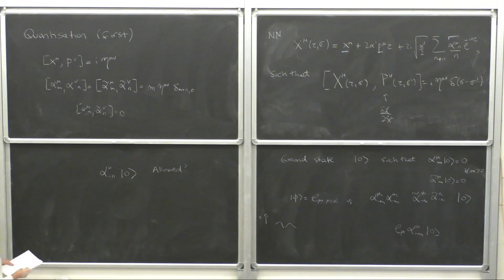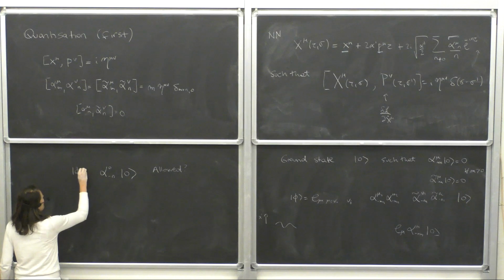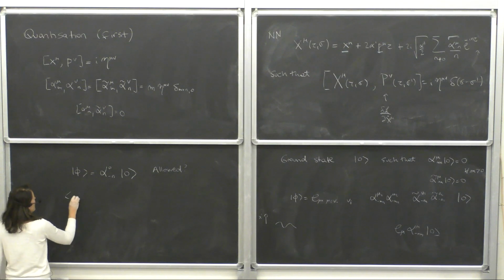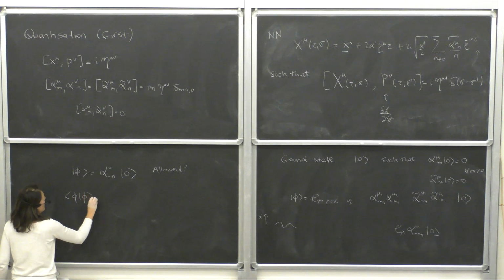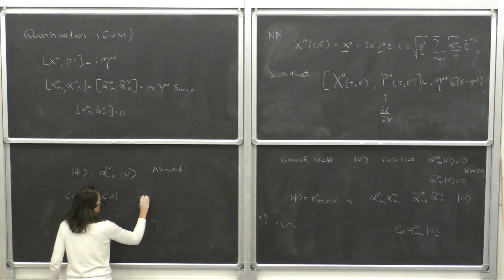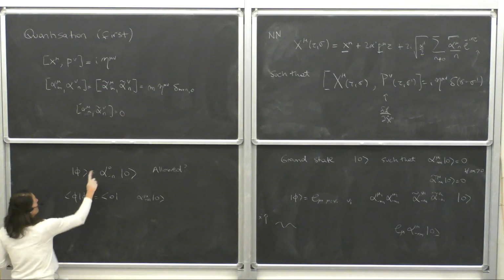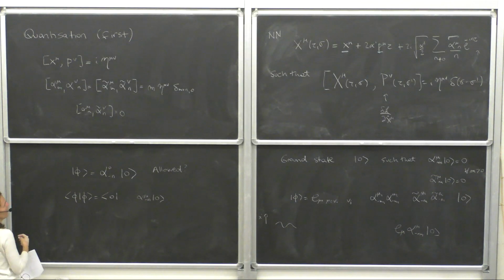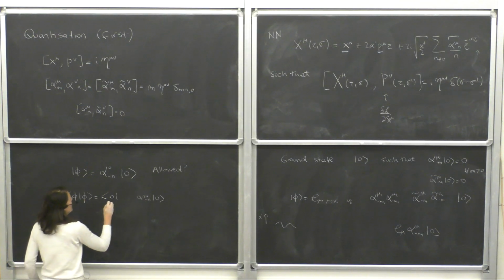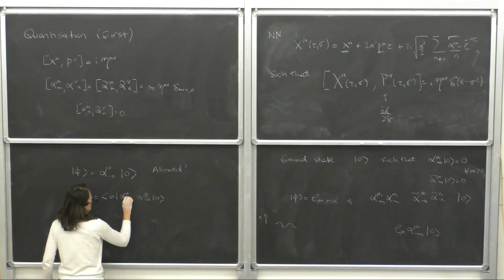Negative norm. If you compute the norm of this state, if I call phi the state, then phi phi is 0, alpha 0 minus n 0. And then I have to make this act on the left, but on the left is the dagger, so this would be alpha 0 n.